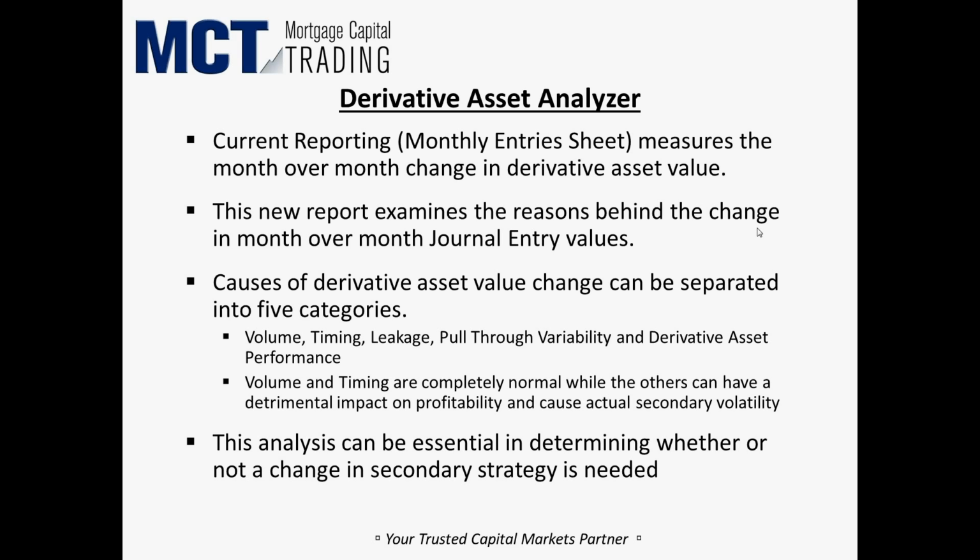on this report. There are five causes of derivative asset value change: volume, timing, operational leakage, pull-through variability, and derivative asset performance. We won't get into too much on operational leakage.